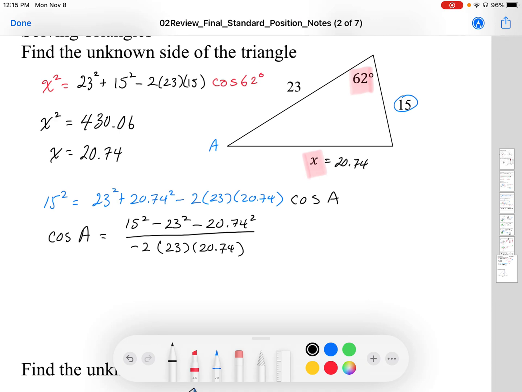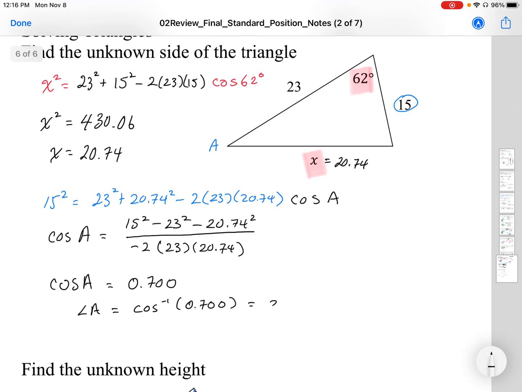Okay, and that gives me a cosine value of 0.7695, so I'm going to round that to 0.700. So cosine of A is equal to 0.700. Angle A, we're going to undo that cosine. So when we do the inverse cosine of that, I get an angle of 39.69 degrees. So that angle is 39.69 degrees. Okay, so I'm going to write that in, 39.69 degrees.